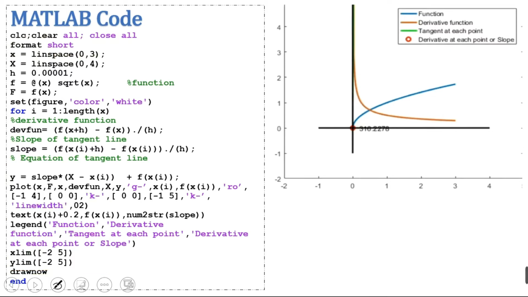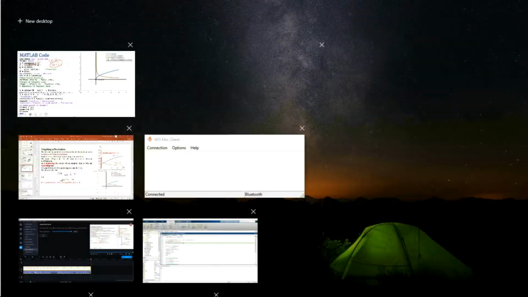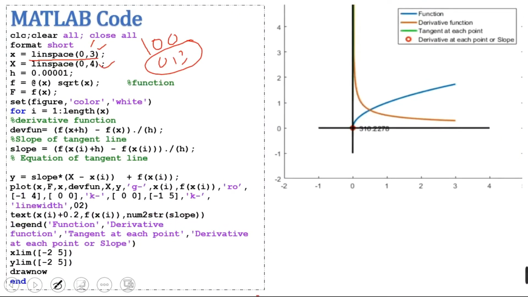The linspace command gives us 100 linearly spaced points between 0 and 3. Again, for capital X, linspace 0 to 4, and h is equal to 0.0001, this is the increment.